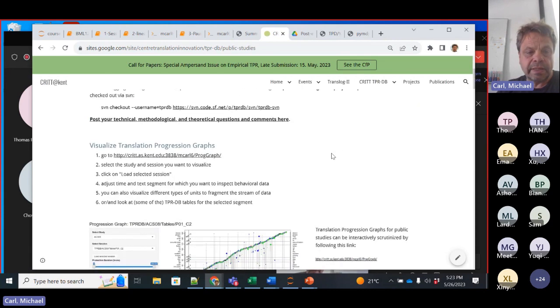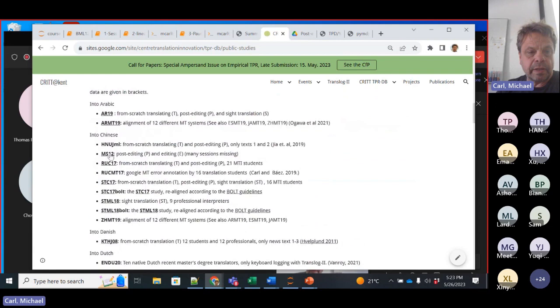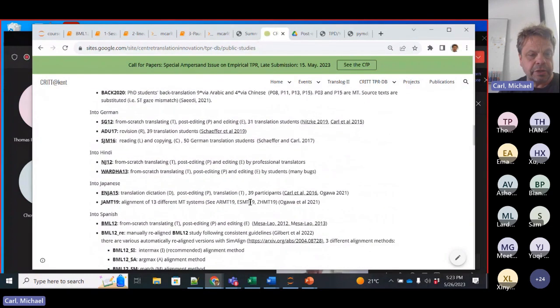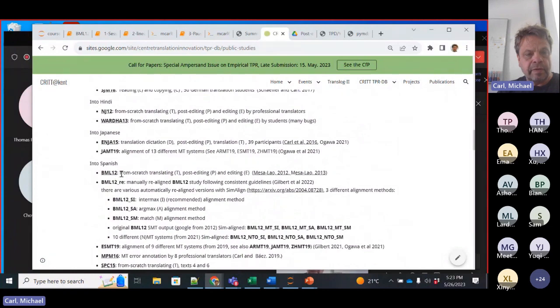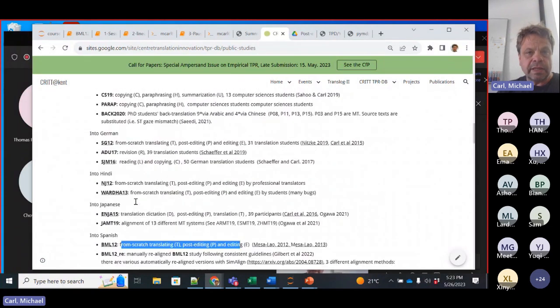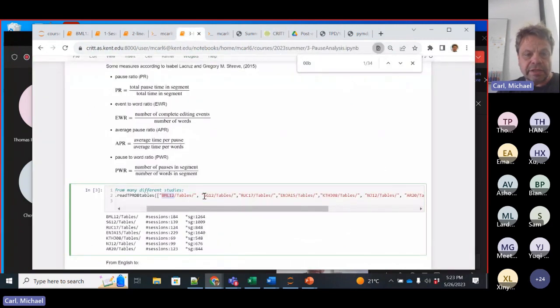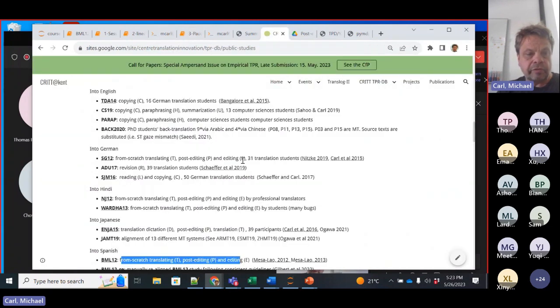We have public studies, and then we have the names of these studies. BML is into Spanish. This one here is from scratch translation and so on. And this SG12 would be into German.